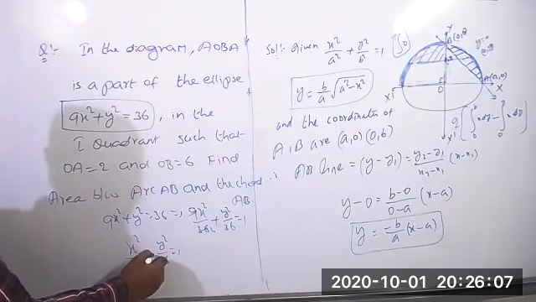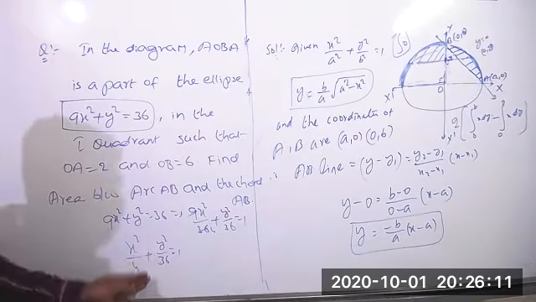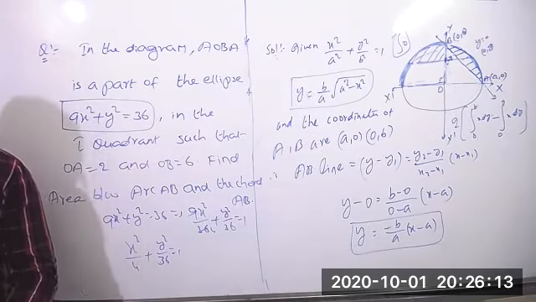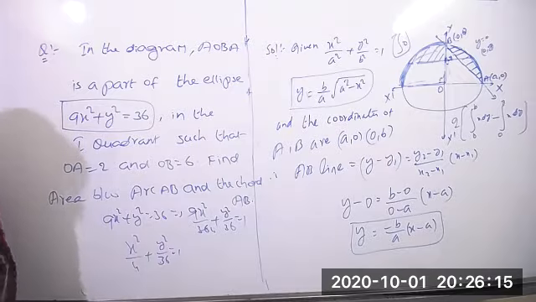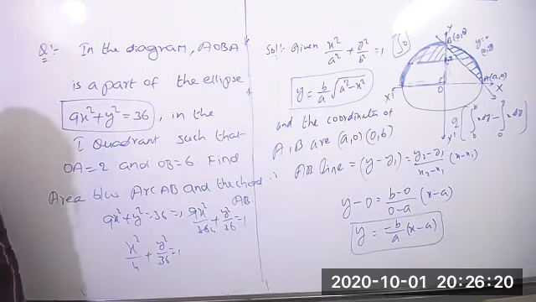This is the ellipse equation. But will this ellipse be horizontal or vertical? Clearly it will be vertical.